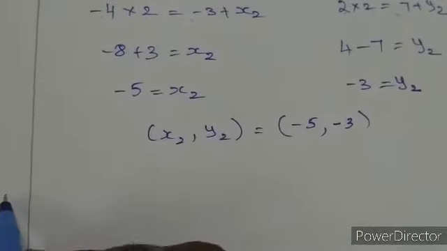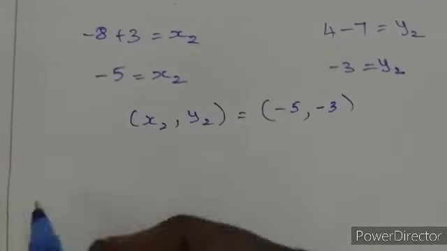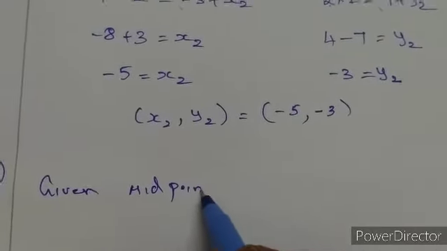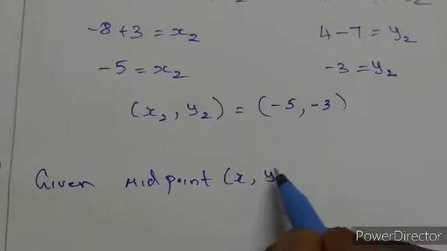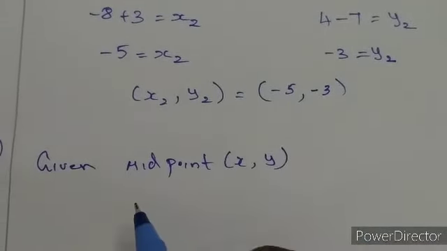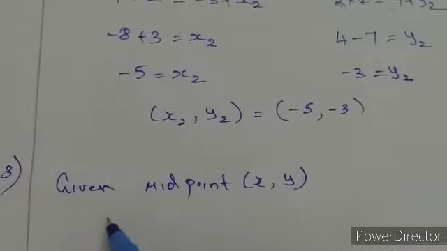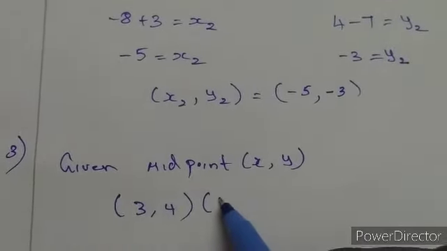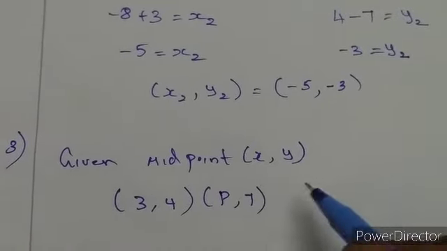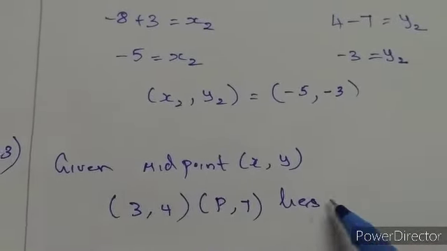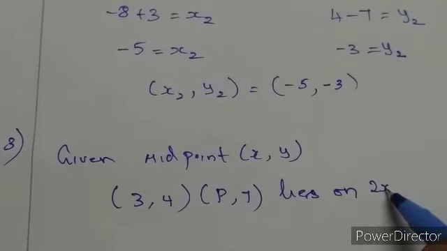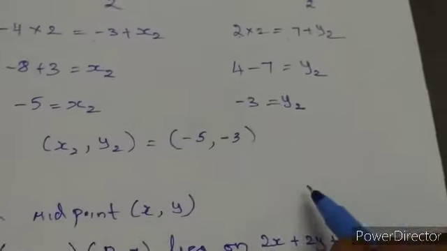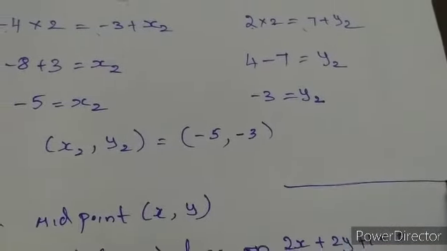Let's try question number 3. If the midpoint is (x, y) of the line joining the points (3, 4) and (p, 7), which lies on 2x plus 2y plus 1 equals 0.